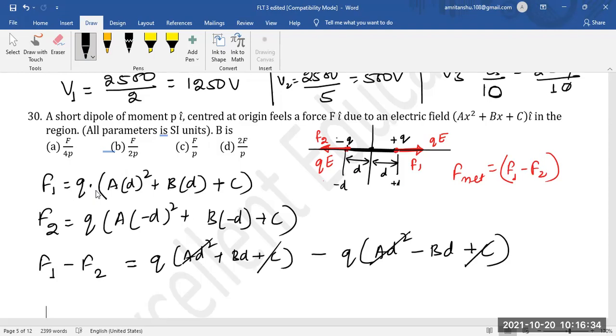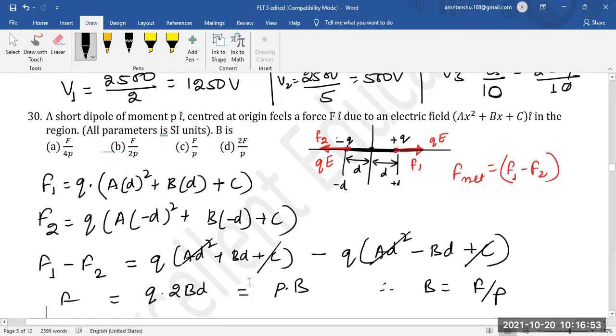F1 minus F2, which happens to be F, comes out to be F into 2BD. So Q into 2D is how much? P. P times B. Therefore, B is F by P. So for this, the correct option will be C.